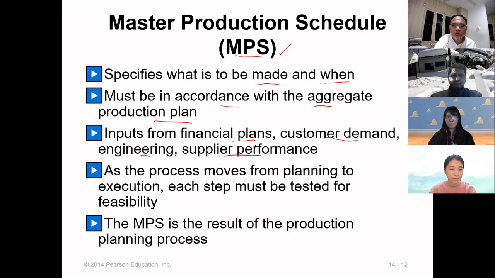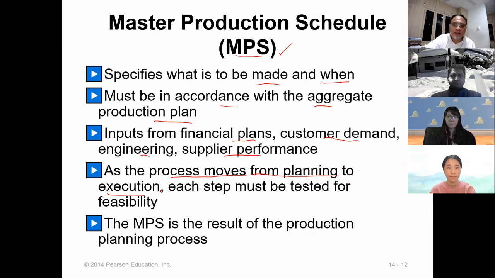And as the process moves from planning to execution, remember just now in the video it says 2 weeks frozen time. That means for that wheel coach company, they used 2 weeks, they lock the schedule, so they cannot change the amount to be produced and so on.